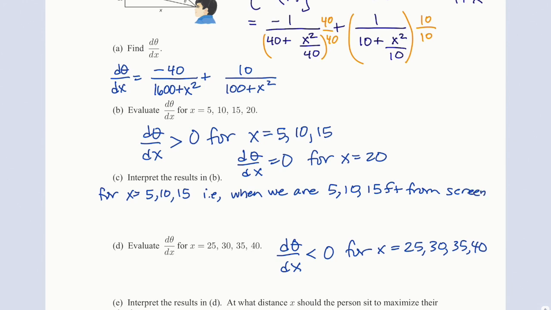if d theta dx is positive, that means when x increases a little bit, theta will also increase a little bit. So theta increases as x increases.